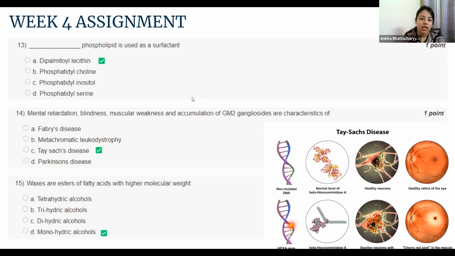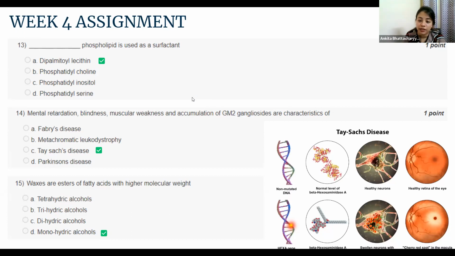Now we come to this very interesting, very unfortunate disease, where we have been given the symptoms. Mental retardation, blindness, muscular weakness, and accumulation of GM2 gangliosides are characteristics of Fabry's disease, metachromatic leukodystrophy, Tay-Sachs disease, or Parkinson's disease. The answer here is Tay-Sachs disease.